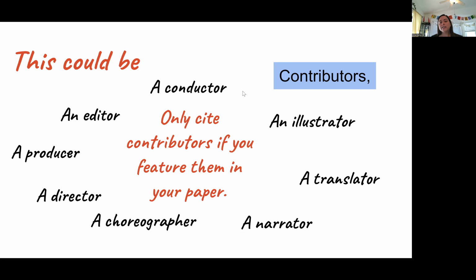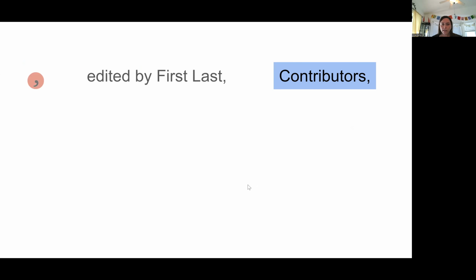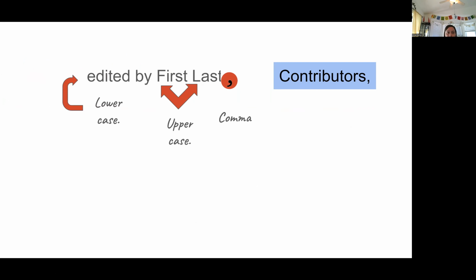You don't really need to include a contributor unless you have some feature on them in the paper that you've written. So generally you can leave it off. But let's say you want to make a big deal about someone's role in the production of whatever it is that you're writing about, then you do want to list the contributor.